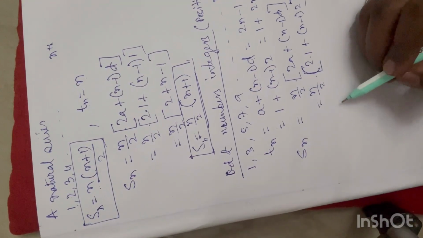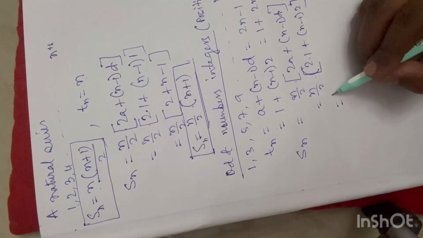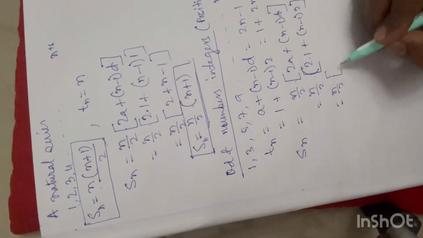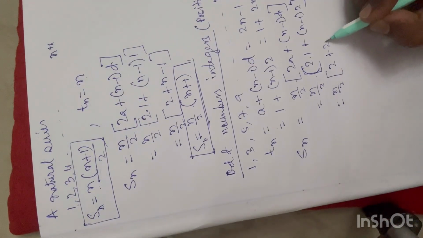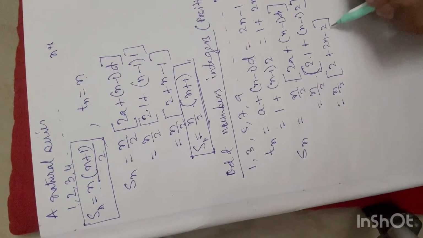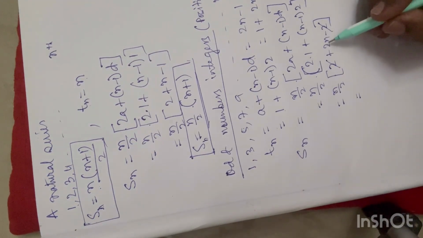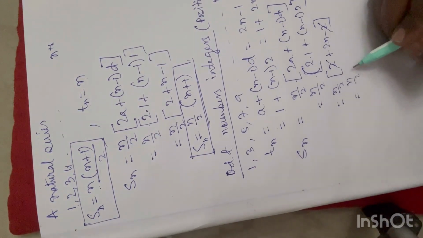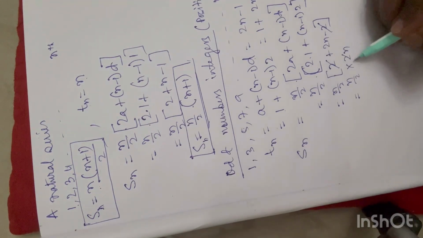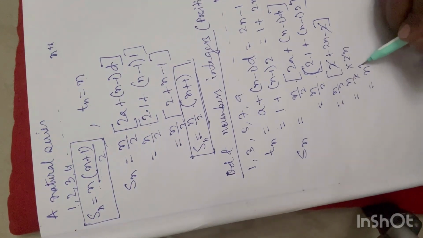Remove the bracket, we will get n by 2 into (2 plus 2n minus 2). If I simplify further, we will get n by 2 into 2n, which means equal to n square.